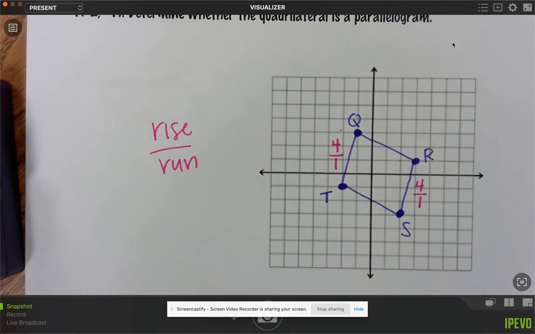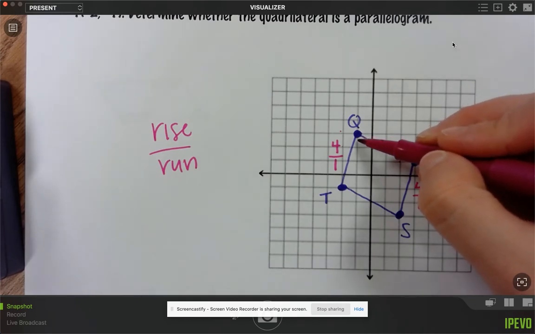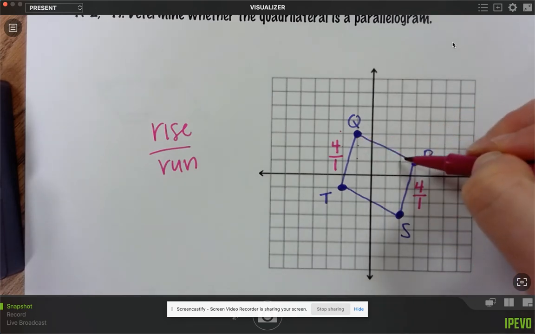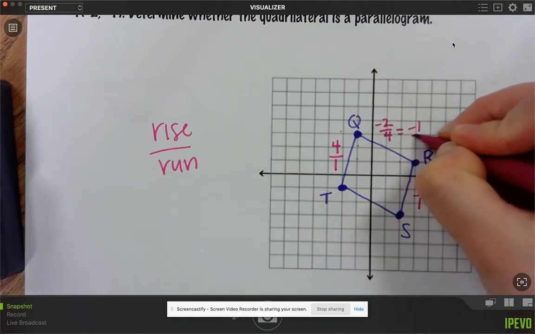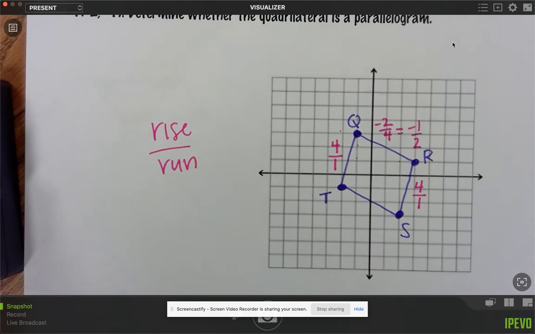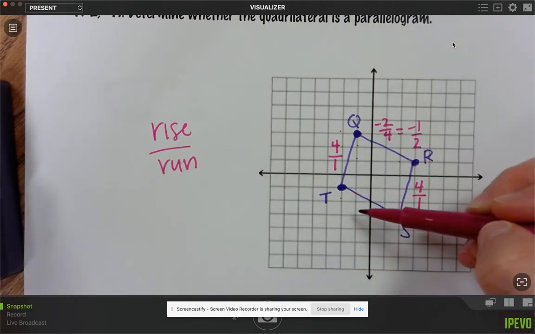Now let's check to see if QR and TS are parallel. So if I look at QR, I'm going down 1, 2 over 1, 2, 3, 4. So -2 over 4 is really -1/2 if you reduce. Let's do TS. Down 1, 2 over 1, 2, 3, 4.